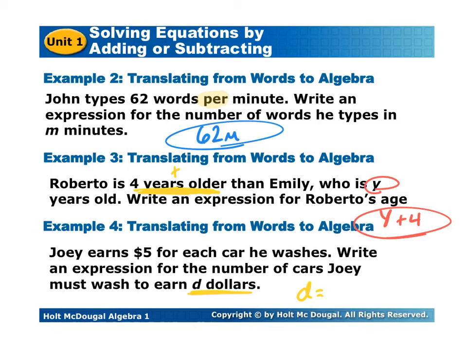How much does he get per car? $5. Here's the part where you would have to know that I have to use two variables. Do we know how many cars he washes? No. So we have to figure out another way to represent cars. It could be X, it could be C, it could be whatever you want to. We'll use X here because that's what somebody said first.